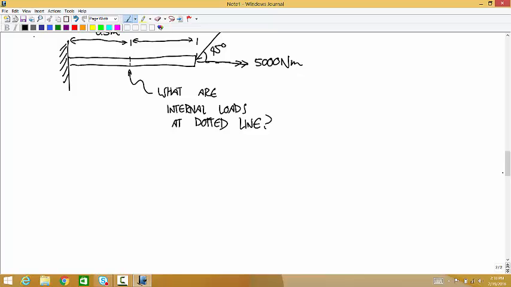And then at that dotted line, our chosen object, the left half, makes a fixed joint with the part that we're not choosing. Okay. So we're going to isolate the left half.